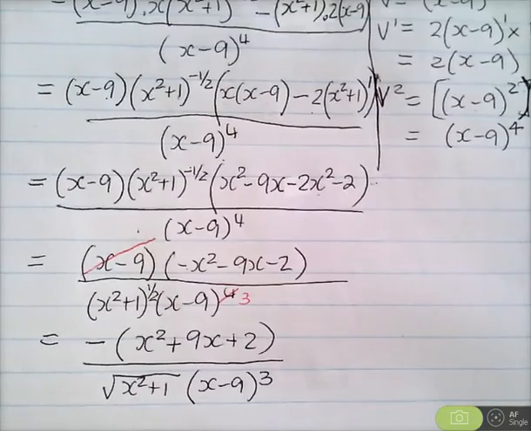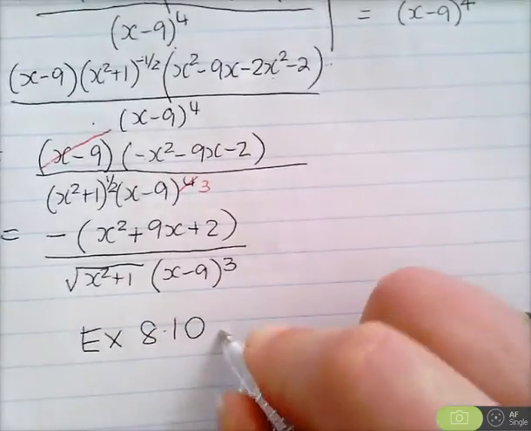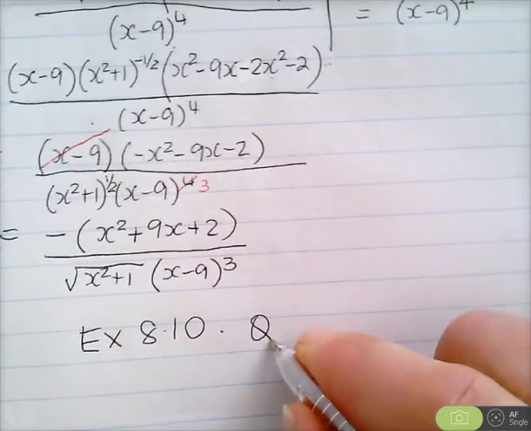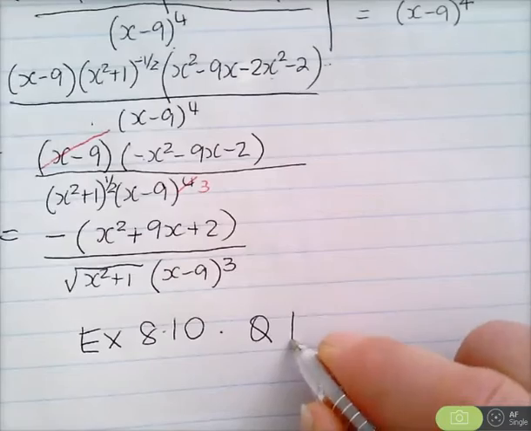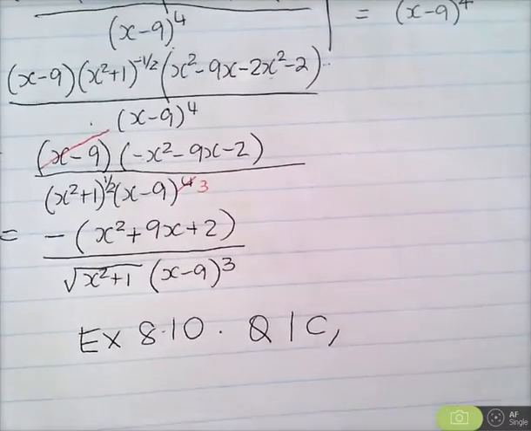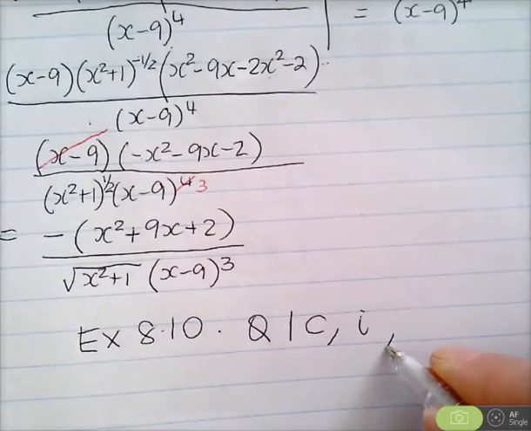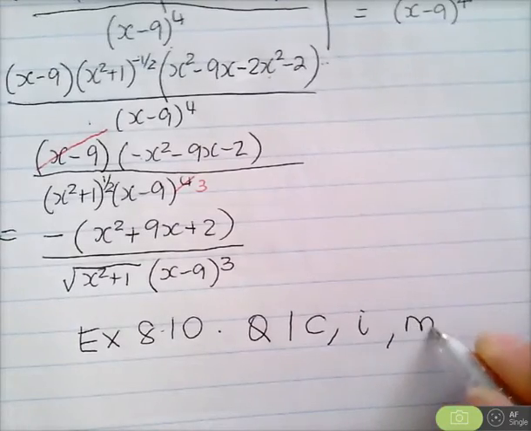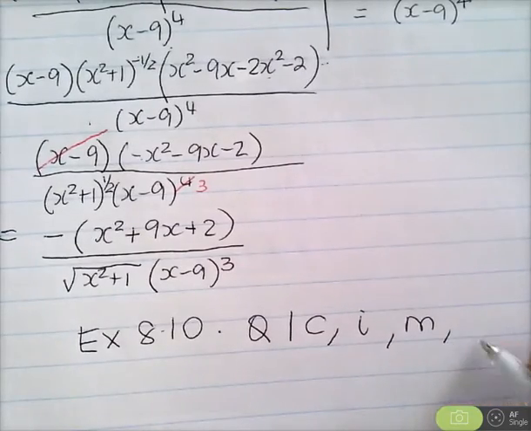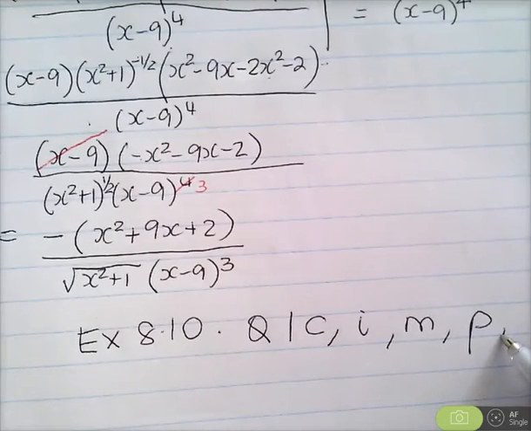The homework will be this exercise. Exercise 8.10. I'll just choose some from, maybe let's do 1C... I don't even know which questions I did. I did F. Let's do 1C, 1I, M, P. You've got a few to practice.